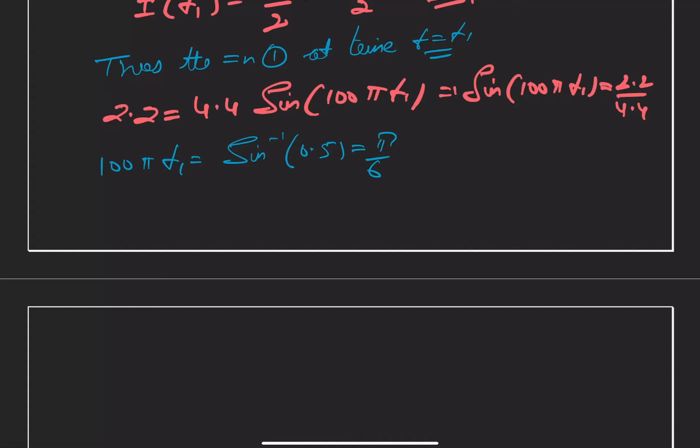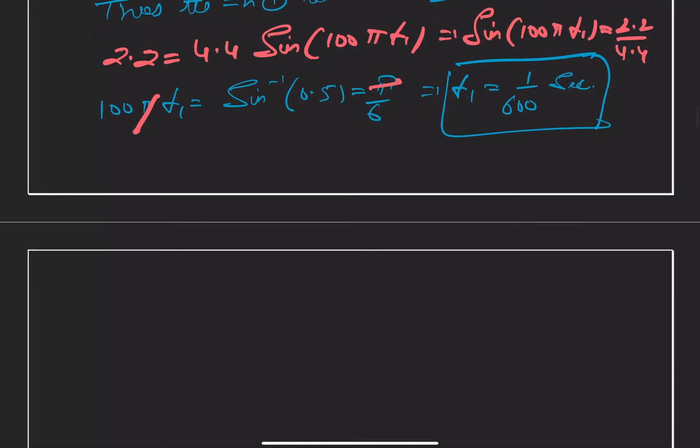The pi and pi cancel with each other. So t1 will be equal to 1 upon 600 seconds. So we found the time t1 at which the current is half.